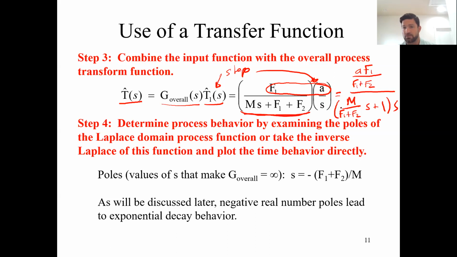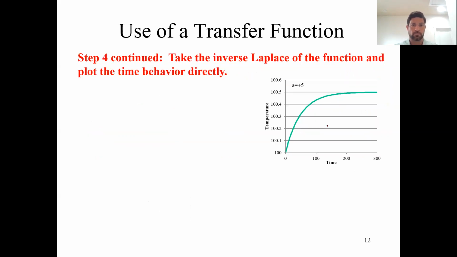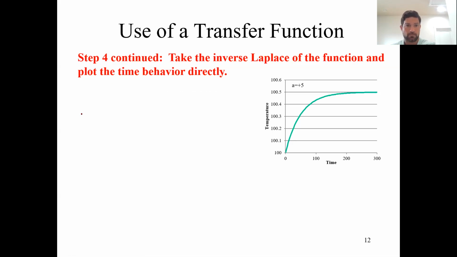Okay, so now what we can see here is if we go back and look at the other relationship, this right here from the table is our tau. This right here is our a term. Okay, so now when we apply the inverse Laplace to this, going over to the next slide, T in deviation variable is going to be equal to that term a.